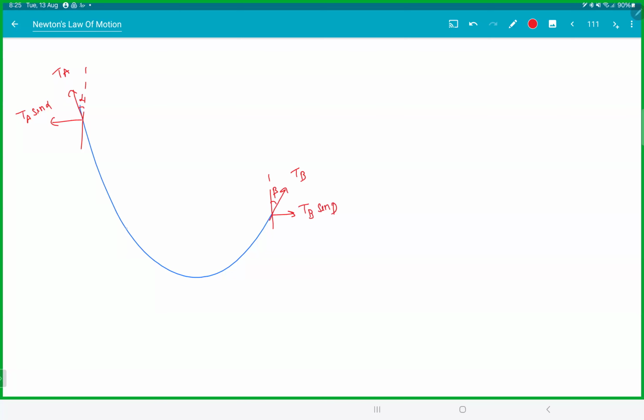Now it doesn't matter. You take any point here. If you take tension T and theta, you will get T sine theta. Now if you see at every position, the horizontal tensions are same.